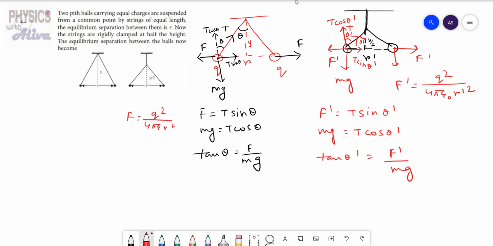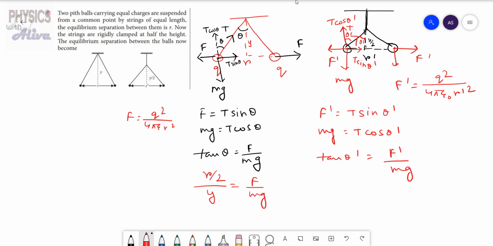Okay. In the tan theta, we can write from this triangle that y is the base, and r by 2 is the perpendicular, right? And this length is the hypotenuse. So tan theta is equal to perpendicular by base, that means r by 2 divided by y, that is equal to F by mg.